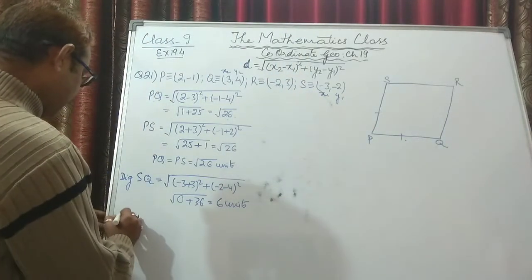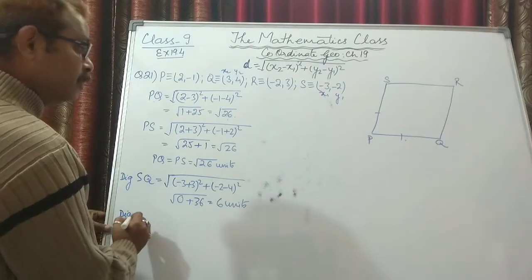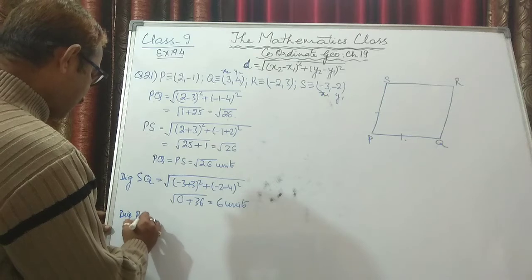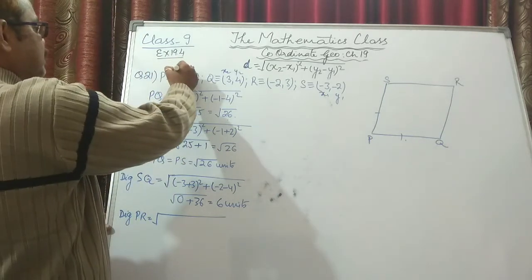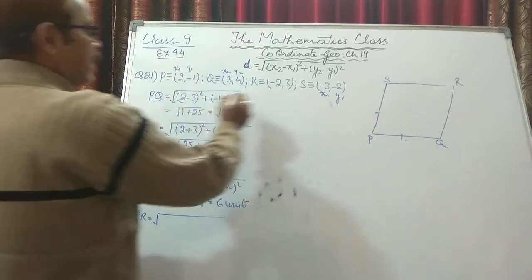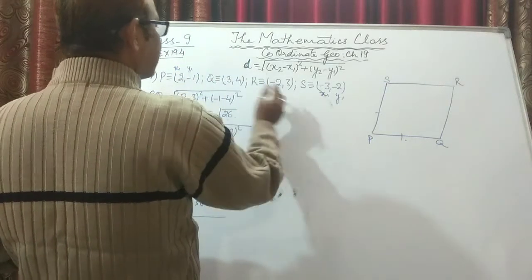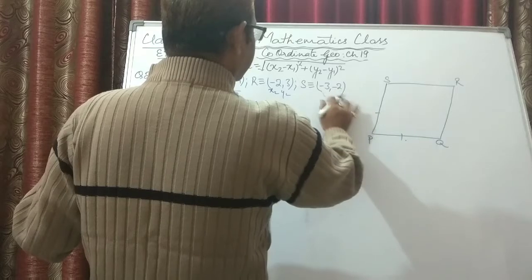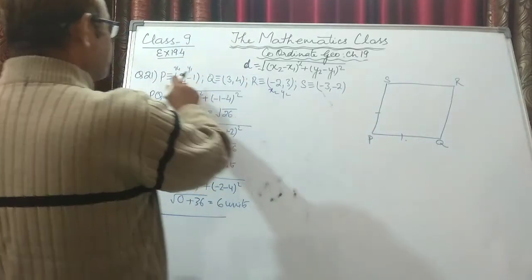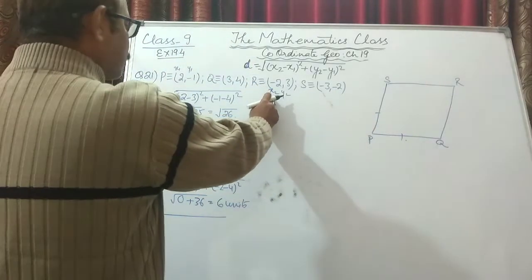Now we will find out the length of diagonal PR. P will be considered as x1, y1 and R will be considered as x2, y2, because we are starting with point P. So P is x1, y1 and R is x2, y2.